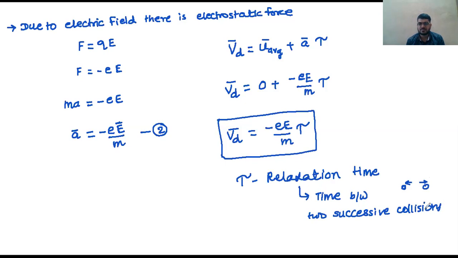Right or wrong? So what you are getting: VD bar is equal to minus eE by m into tau bar. This is your drift velocity. Okay, note down.